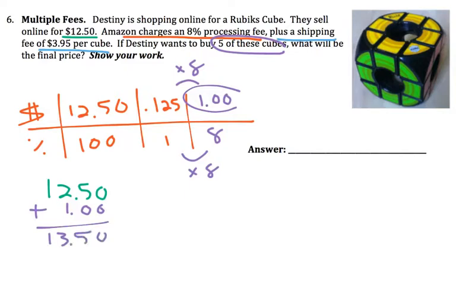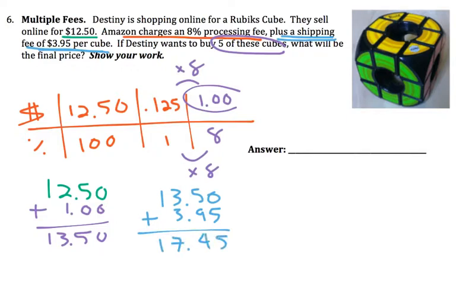Alright, so after the processing fee, the cost is now $13.50. Next, it says Amazon also charges a shipping fee of $3.95 per cube. So we're dealing with 1 cube right now. That's what we have the price for. So let's add that shipping cost. And when you do that, you should get $17.45.